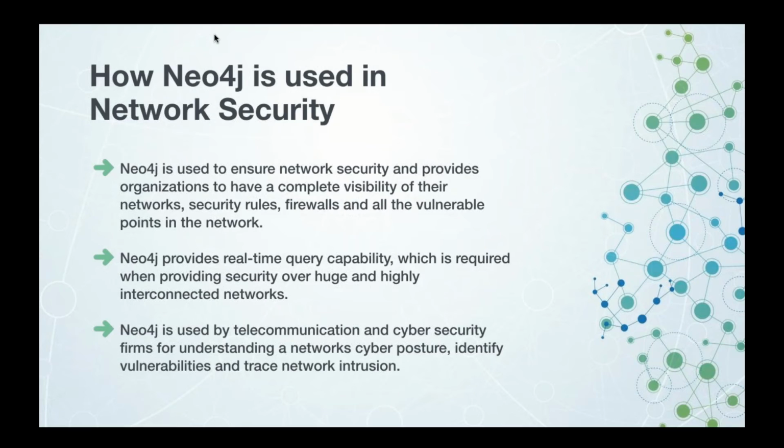And second, Neo4j provides real-time query capability, which is required when providing security over huge and highly interconnected networks. And we see Neo4j being used by telecommunication and cybersecurity firms for understanding network cyber posture, identify vulnerabilities, and trace network intrusions.